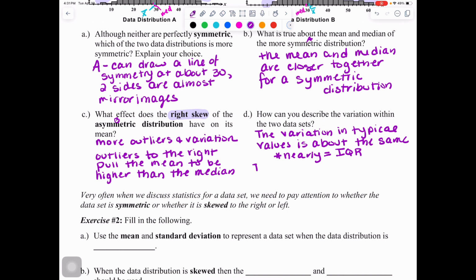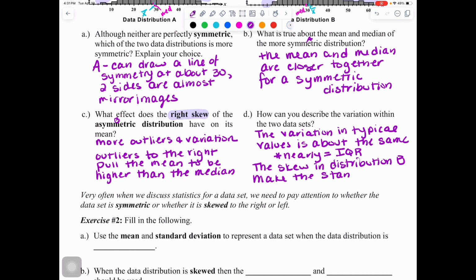So the skew in the second distribution, so that would be distribution B, makes the standard deviation significantly higher. The skew in distribution B makes the standard deviation, which, by the way, remember that measures the variation.